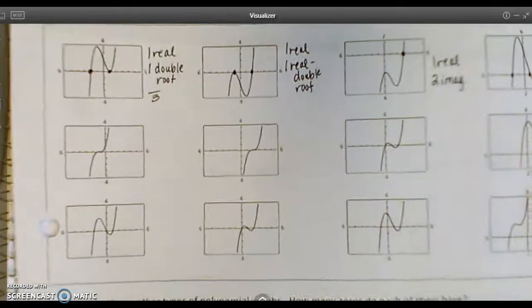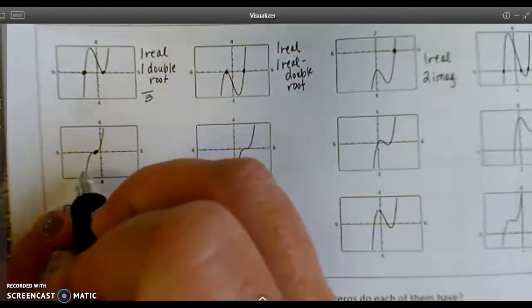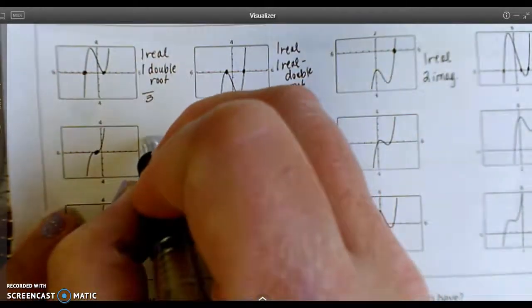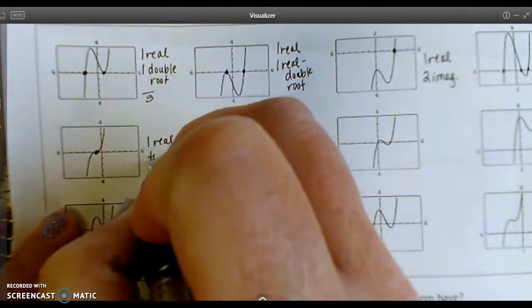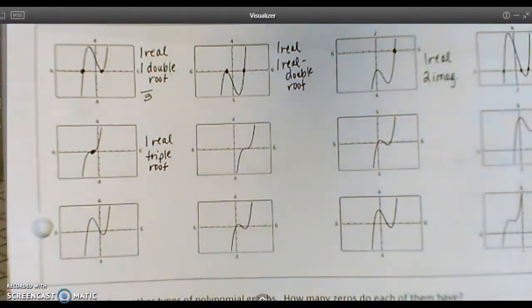Alright, on the next one. This is this weird one. It only crosses once. But because it kind of flattens out and then goes back up, this is 1 real, but it's a triple root. And because of that triple root, that means that real solution is the only solution.